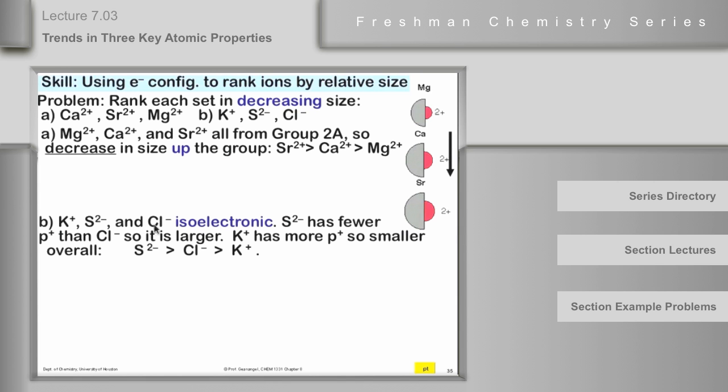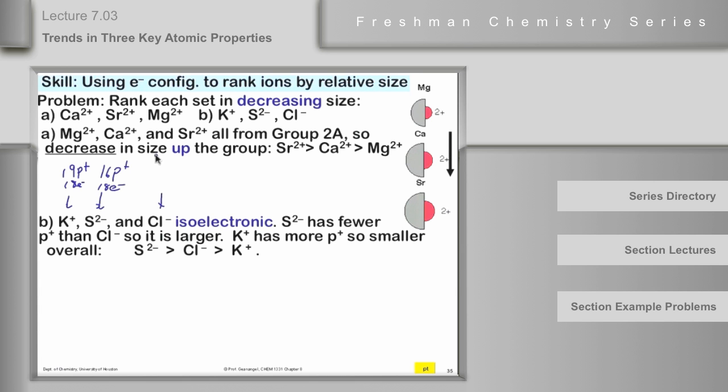So as we look at these things, potassium has 19 protons and 18 electrons. And as we said before, sulfur has 16 protons and 18 electrons, sulfide ion.